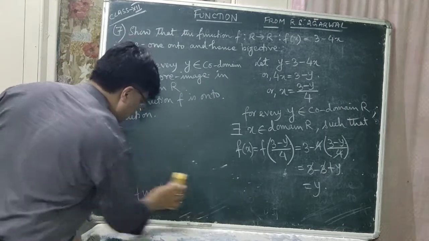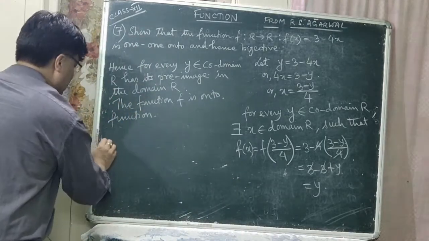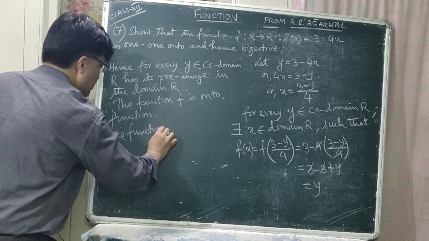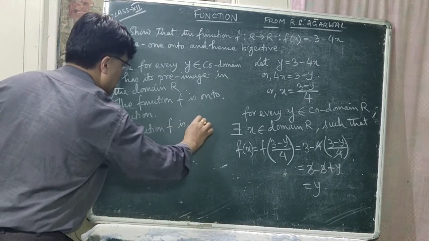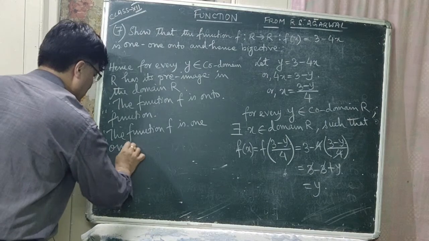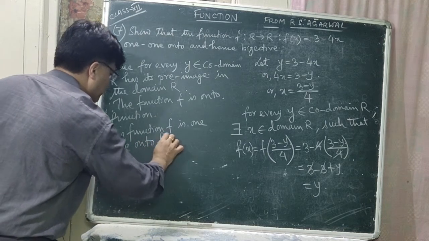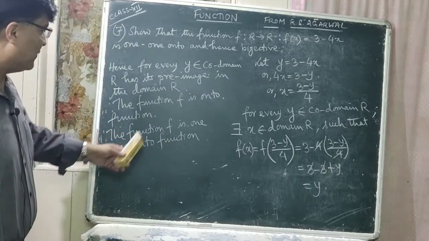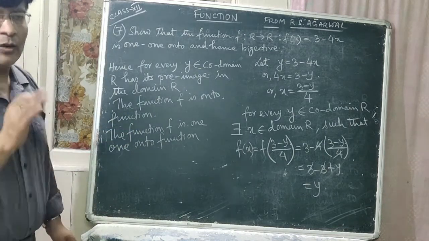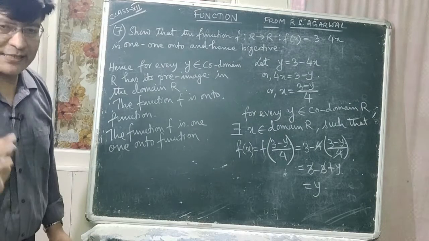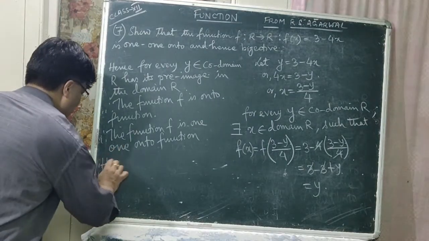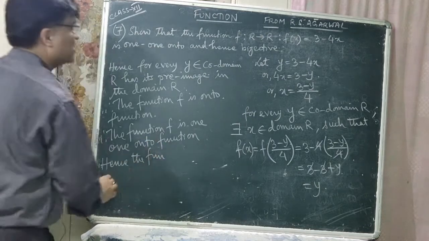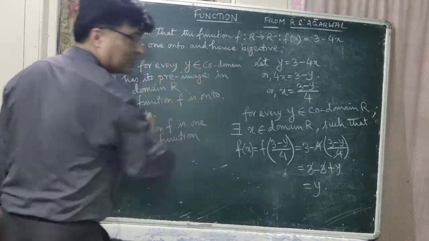So here we have proved that the function f is one-one and onto function. That means one-one onto function means it is a bijective function.